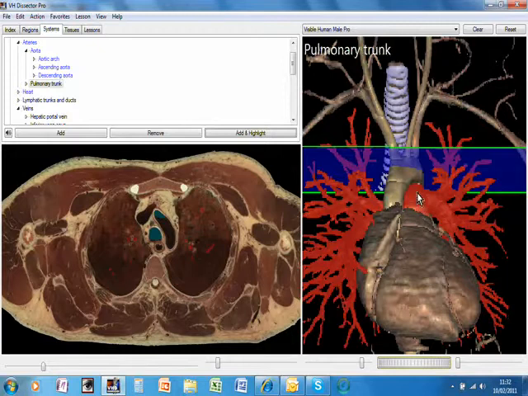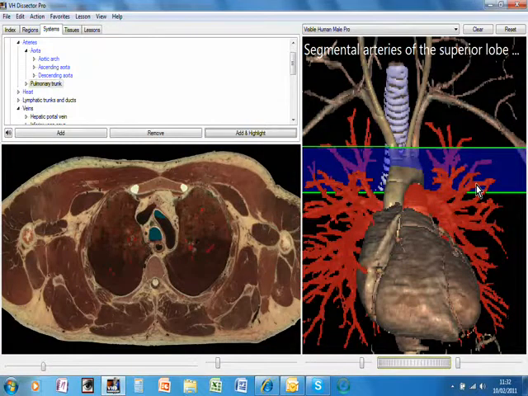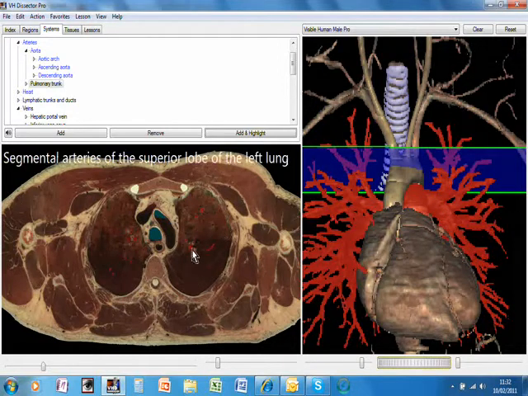So actually the pulmonary trunk and the arteries form a T shape underneath the arch of the aorta. Each pulmonary artery then further subdivides into these segmental arteries that penetrate through the lung, carrying deoxygenated blood, which is oxygenated out in the lung tissue that you can see here. So you can see the profiles of these segmental arteries.